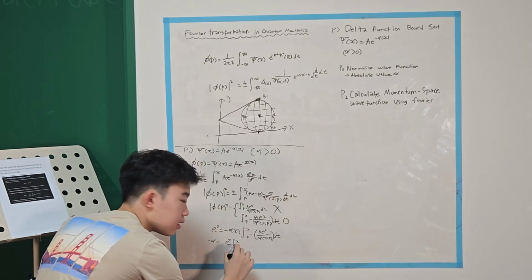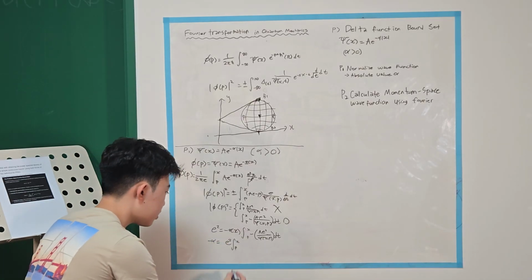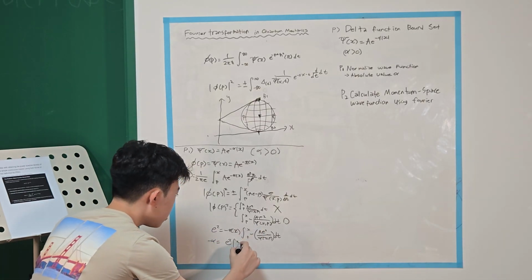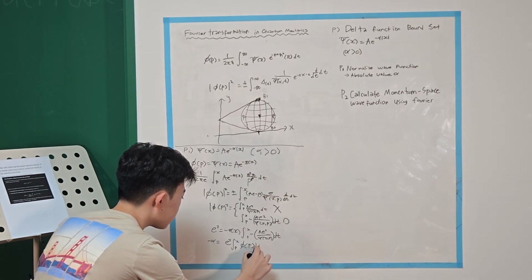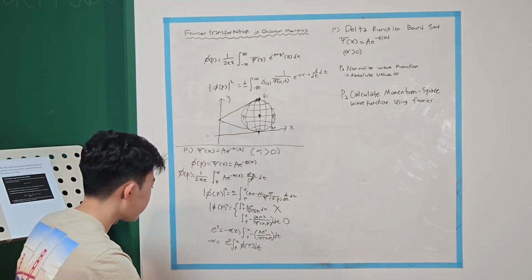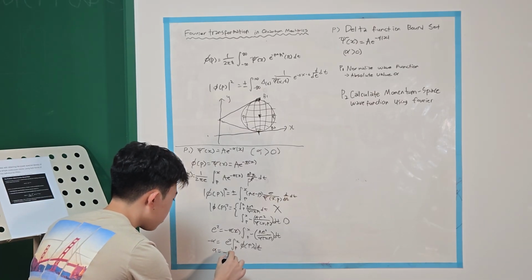We had a negative value here, so if we put in the negative value, it's going to be positive. And this one was complex, the Fourier transformation. Alpha equals minus e squared.